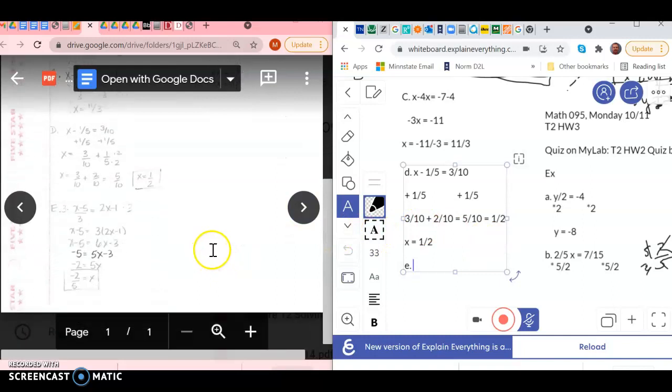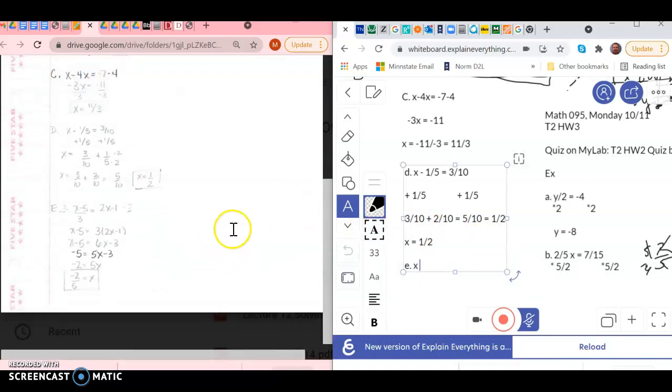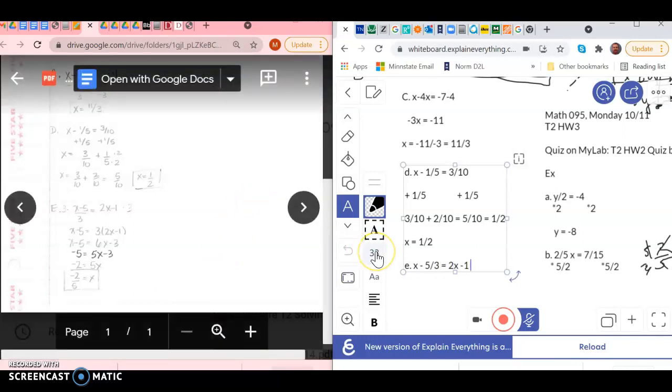For E, we end up with x minus 5 divided by 3 equals 2x minus 1. What we want to do is, I like to again subtract the lower x value from both sides. So you end up getting negative 5/3 equals x minus 1. You then add 1 to both sides.